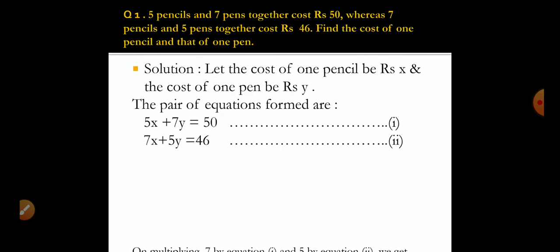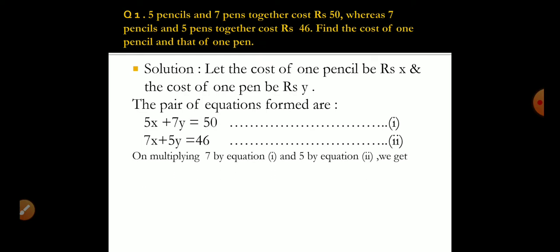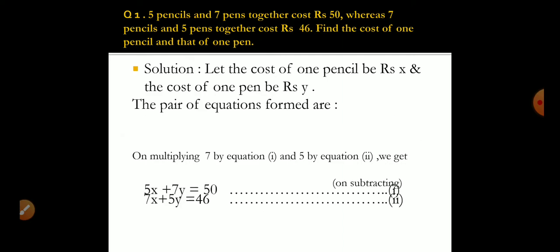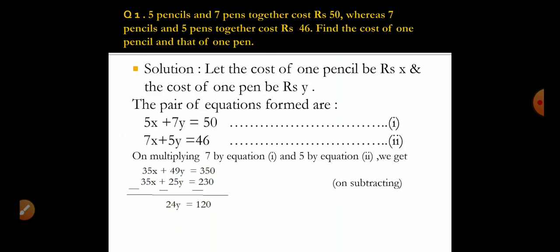Okay, then we will get 35x plus 49y equal to 350, and the second one 35x plus 25y equal to 230. Here the first term of both the equations has a positive sign, so we have to subtract the second one from the first.